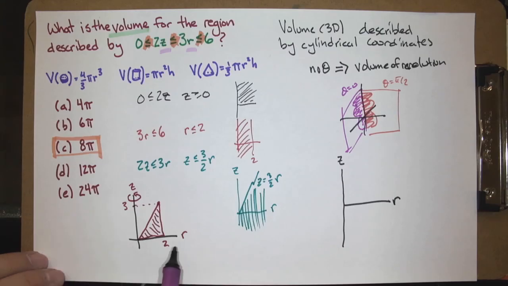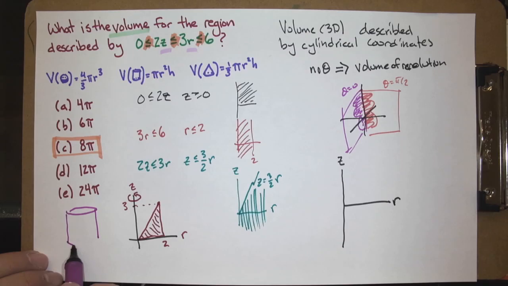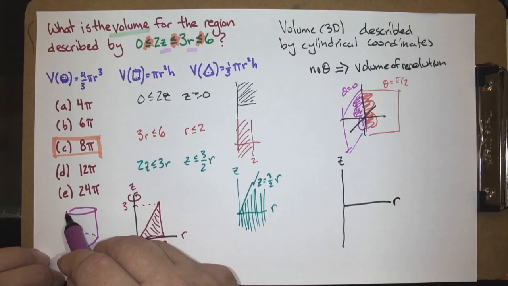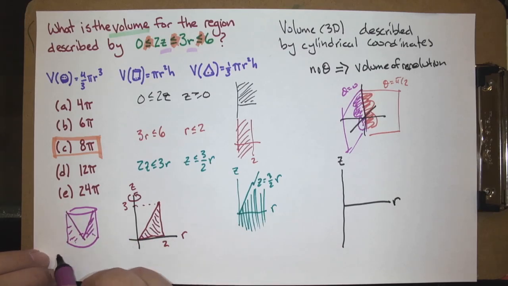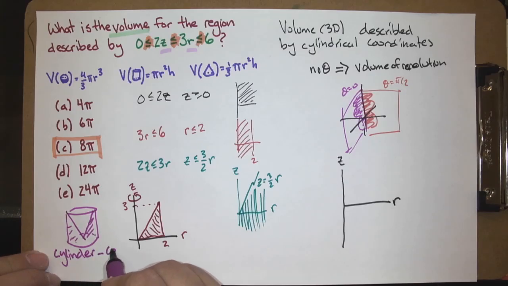When we think about this, when you spin, what are you going to see? The outer part looks like it's going to be a cylinder, but are we going to have a cylinder? What do we have? We have a cylinder, except we drilled out a cone. So this is a cylinder minus cone.